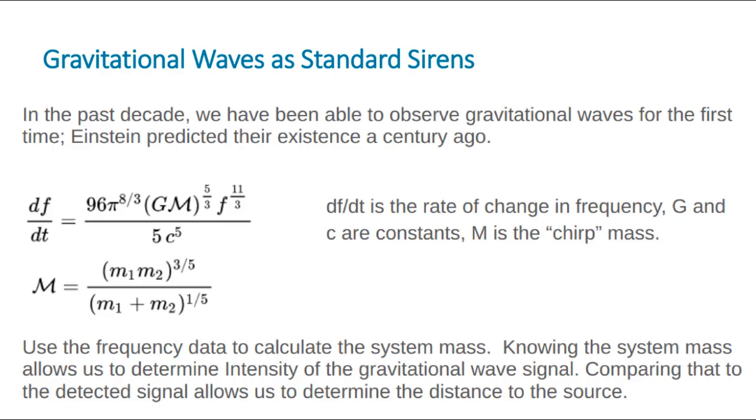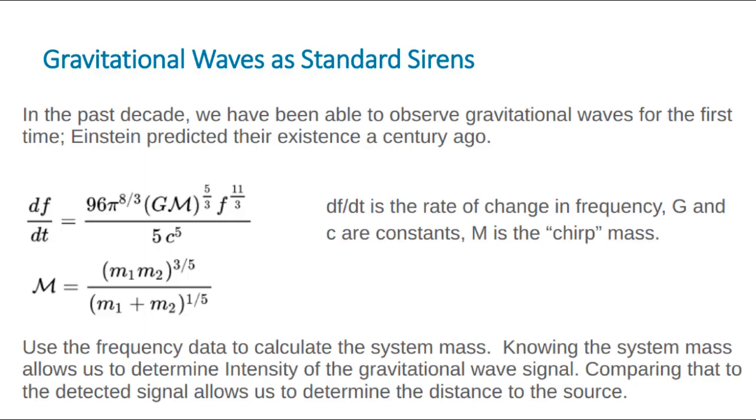We can also use gravitational waves to measure distances in space. So this is related to the change in frequency or the chirp of the gravitational wave signal. And you can basically do a bunch of complicated math to use that change in frequency to calculate a distance to this gravitational wave source.